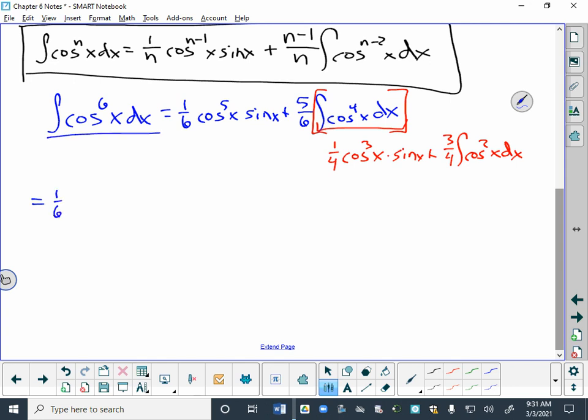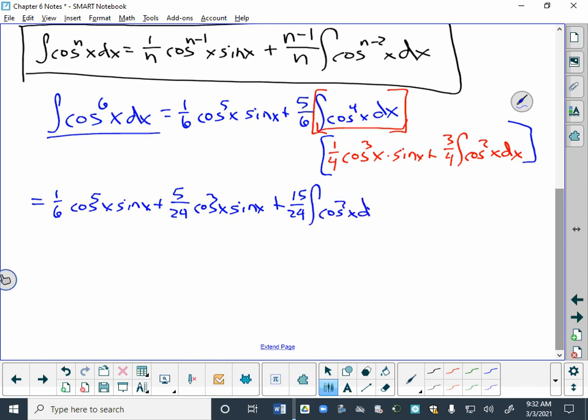So I have a 1/6 cosine to the 5th x sine x plus 5/6 that I'm going to distribute through this. So 5/6 times 1/4 is 5/24 cosine cubed x sine x plus 5/6 times 3/4 is 15/24 times the indefinite integral of cosine squared x dx.